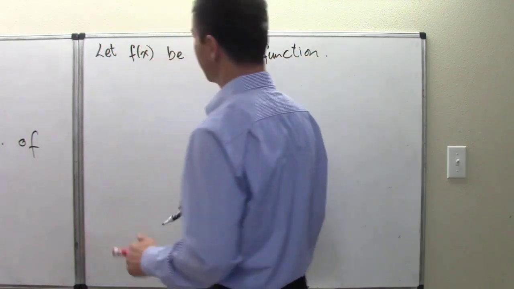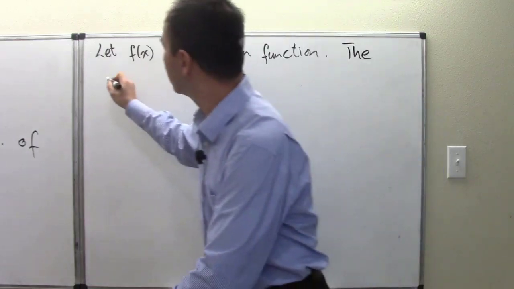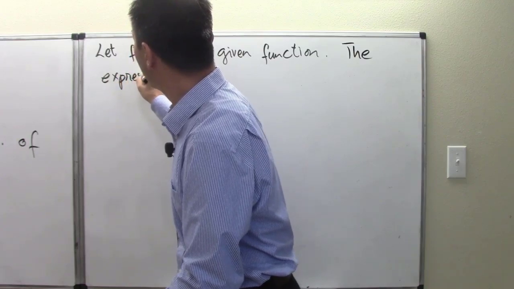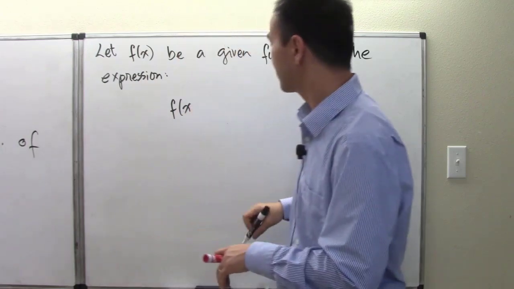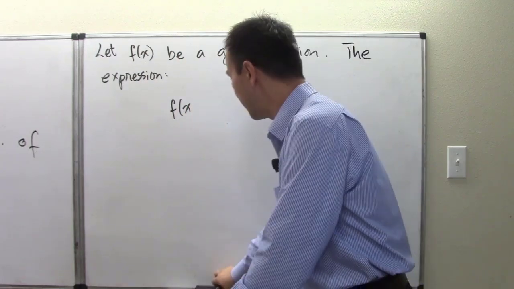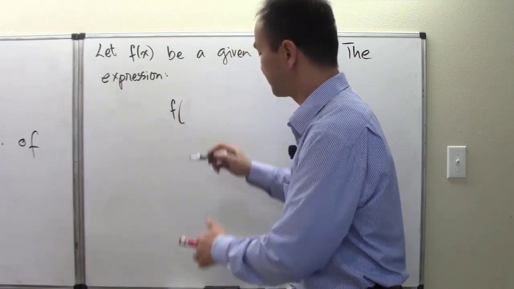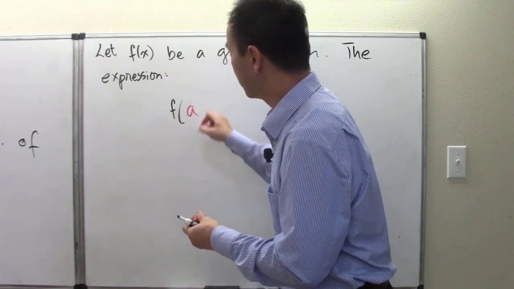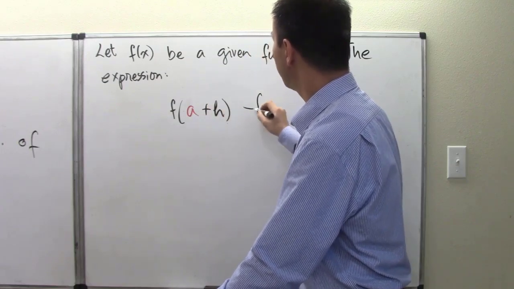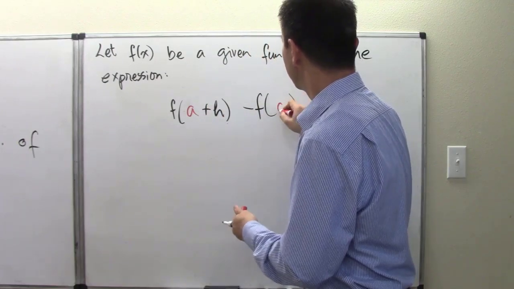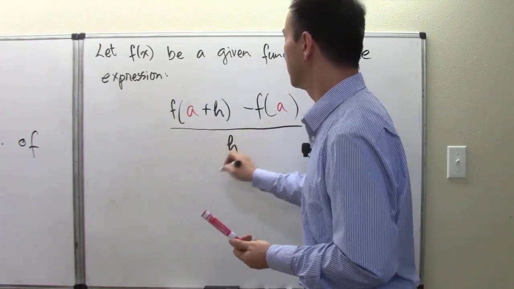All right, then in that way, once f of x is given, the expression f of a plus h minus f of a, all over h, that expression right here.